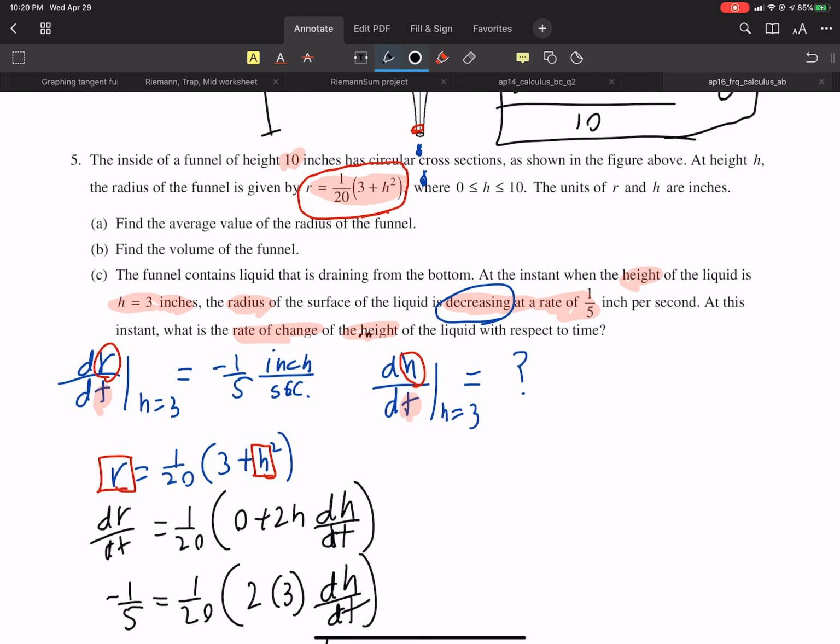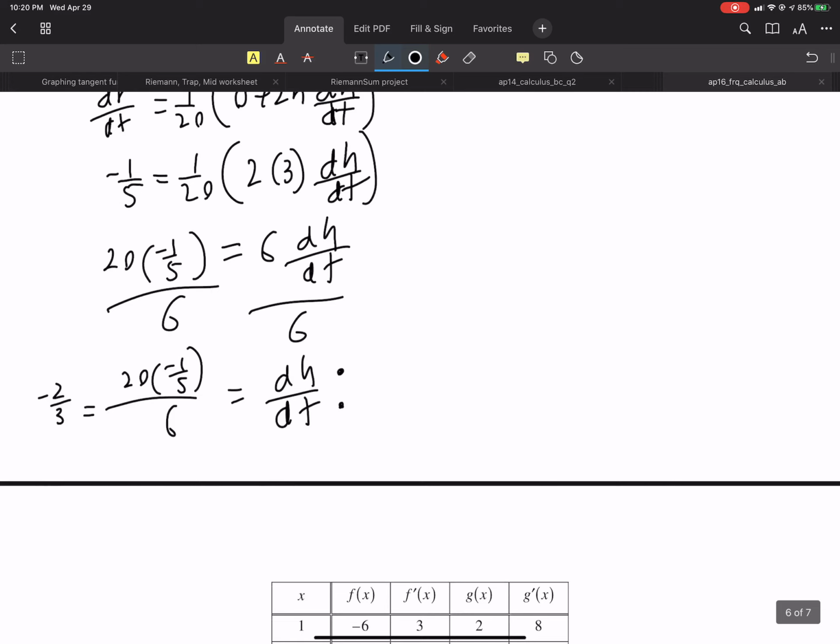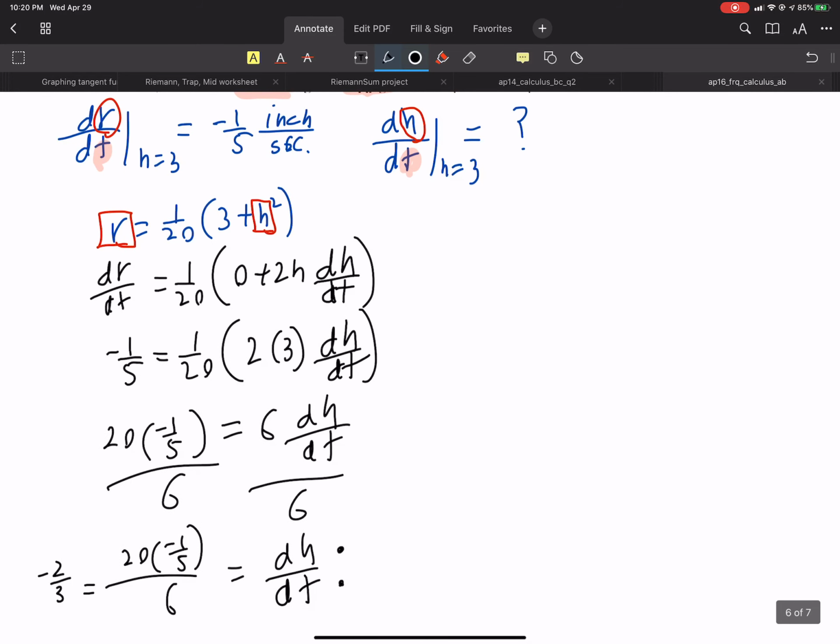I believe it was minutes. Yeah, per second, no, seconds. So it's going to be inches per second. So that's our units for dh/dt. That's it for problem number 5. Bye.